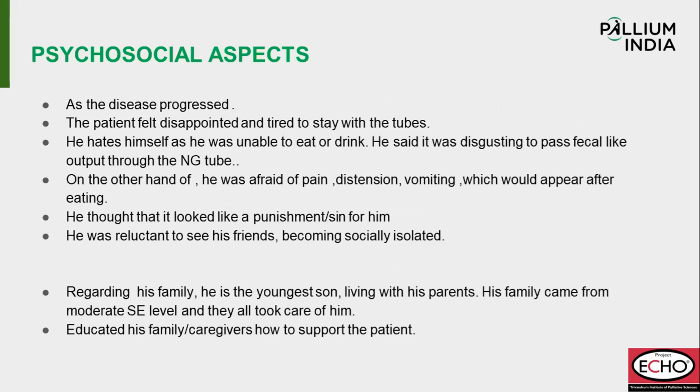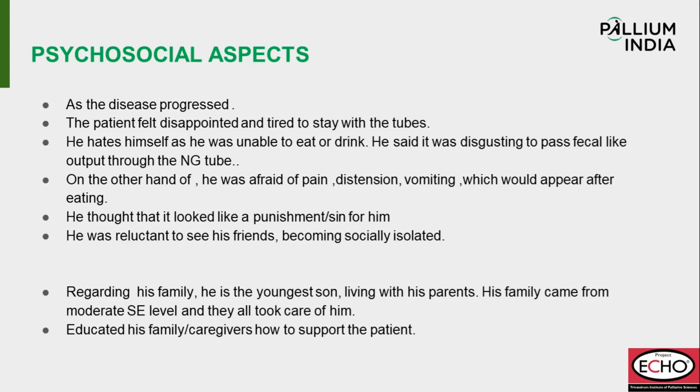As the disease progressed and the patient had psychological impacts, he felt disappointed and tired of staying with the tube. He hated himself as he was unable to eat or drink, and he said it was disgusting to pass fecal-like output through his nasogastric tube. On the other hand, he was afraid of symptoms like pain, abdominal distension, and vomiting, which appear after eating.